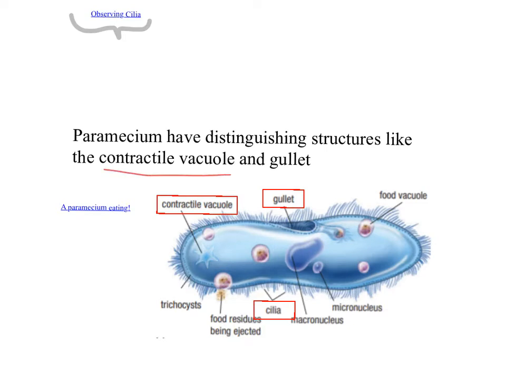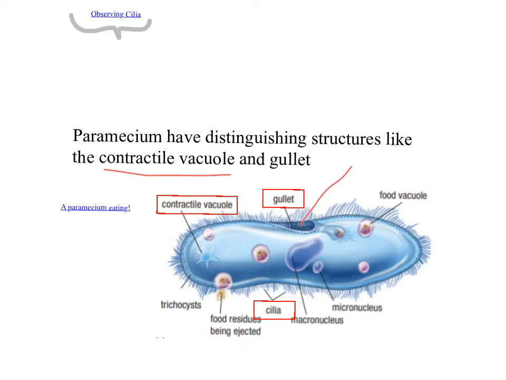I'm sure you have heard of vacuoles before, except it's a little different than normal vacuoles because it helps to regulate how much water is in the cell. It will gather any extra water and then contract, pushing it out of the cell, sort of like a bail bucket. If you're ever in a boat and there's too much water, you want to make sure you have a bail bucket.